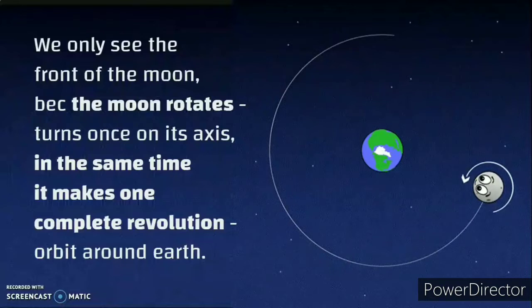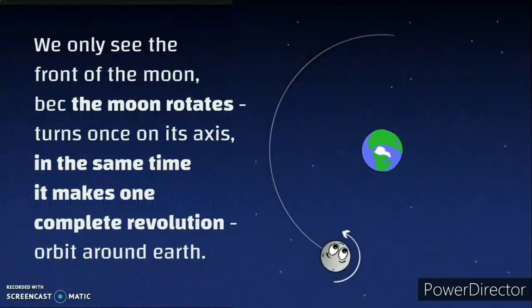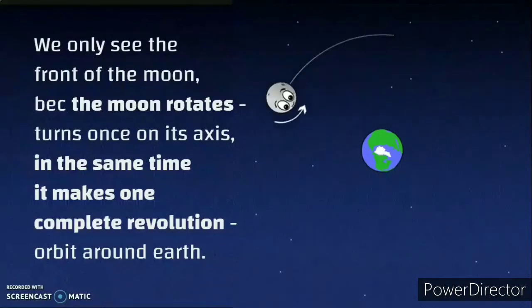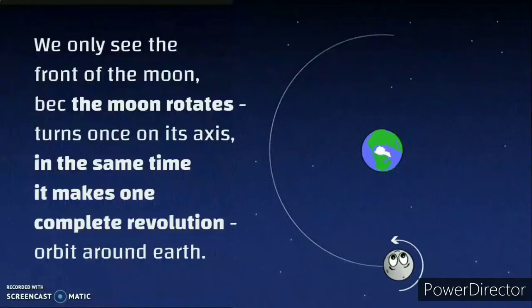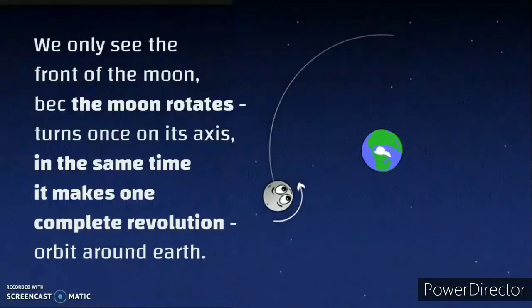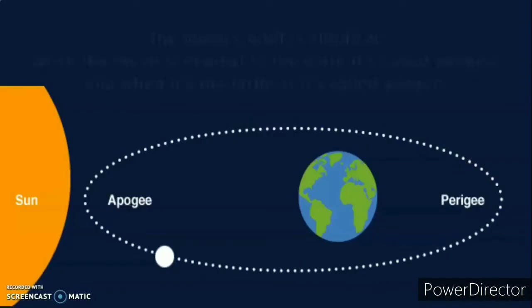This is because the moon is both rotating, spinning on its axis, as well as revolving, going around the Earth. The moon will make one rotation, or spin once completely, in the same time that it's going to make one revolution, go around the world completely. So therefore, we're always going to see the same side since it's constantly turning.